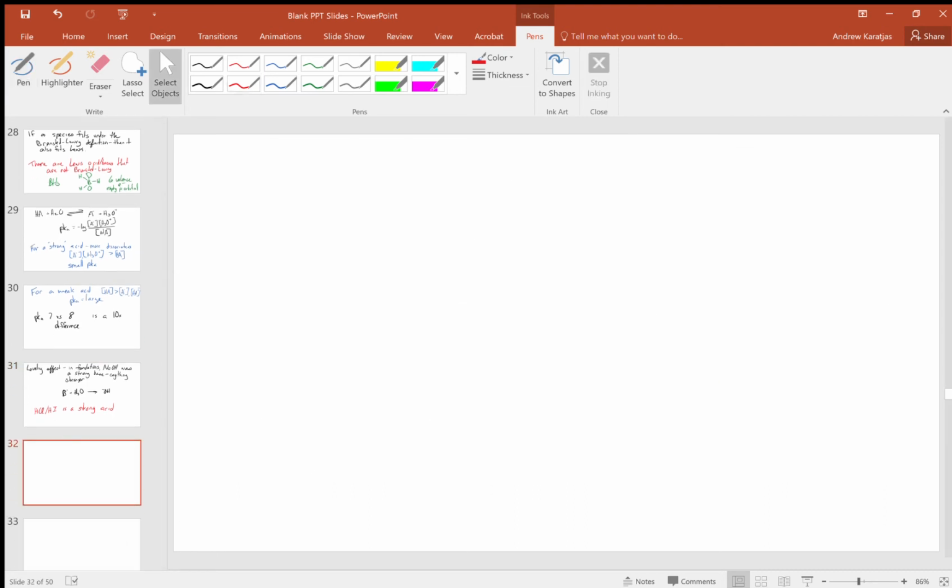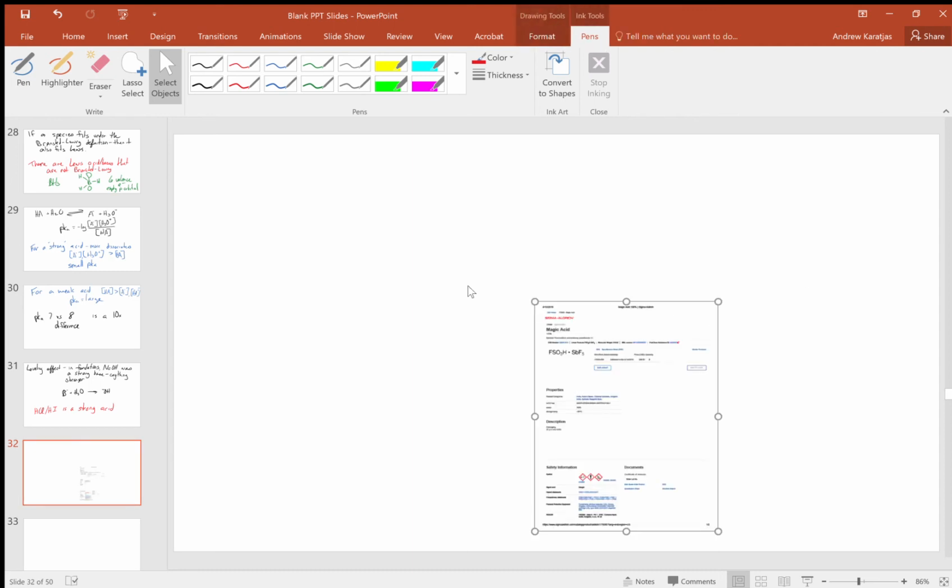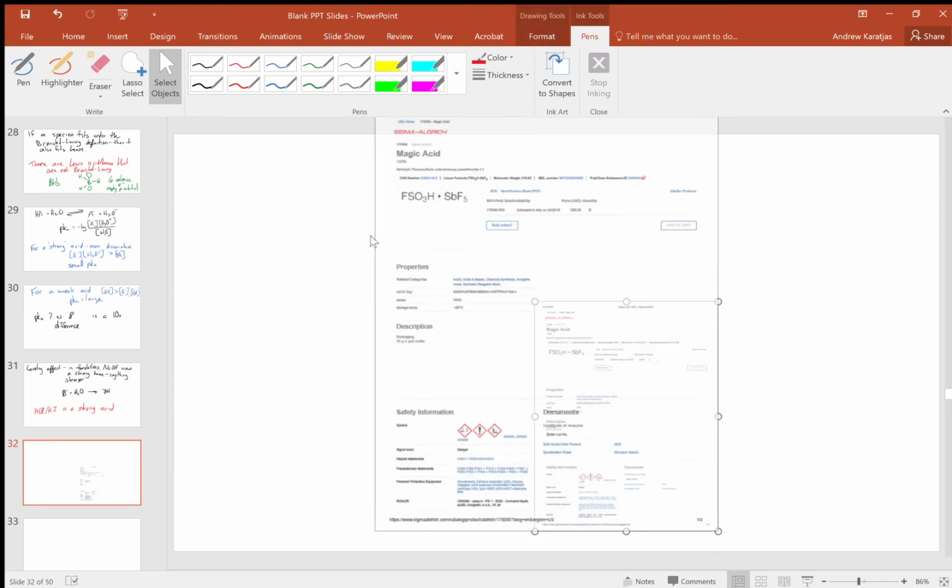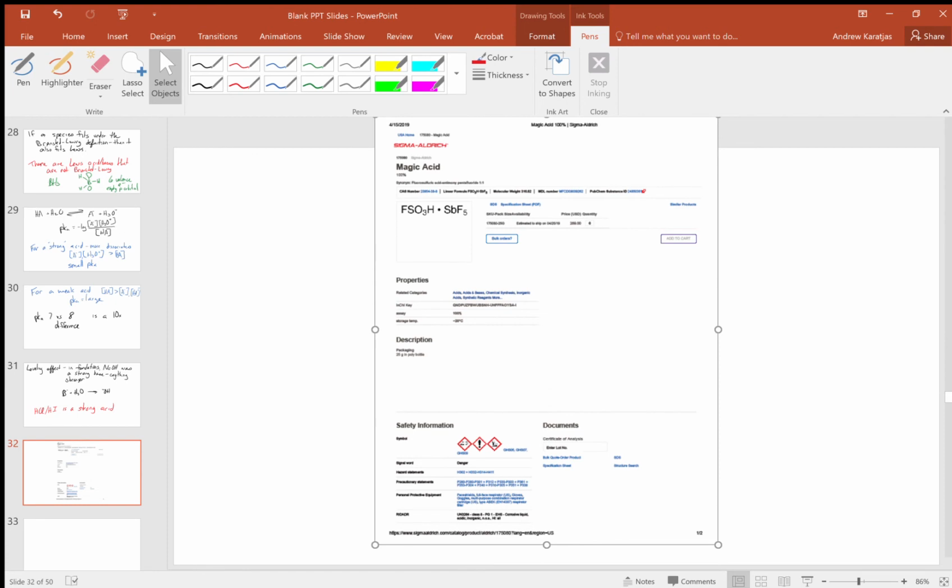And so for acids, there exist such things as this one, and you may not be able to read that real well, it's pretty small.